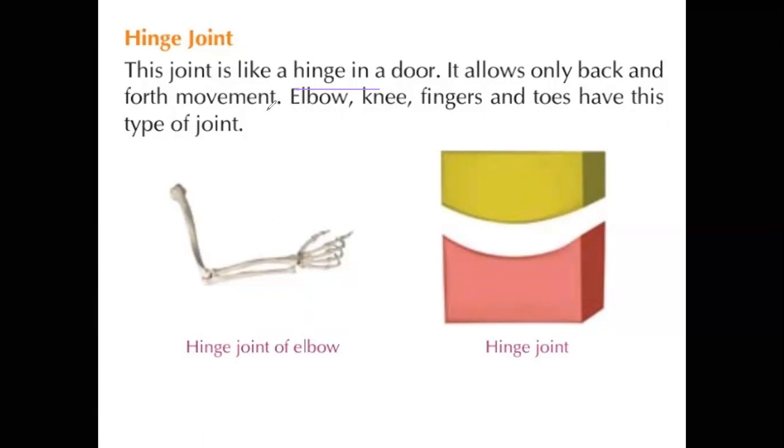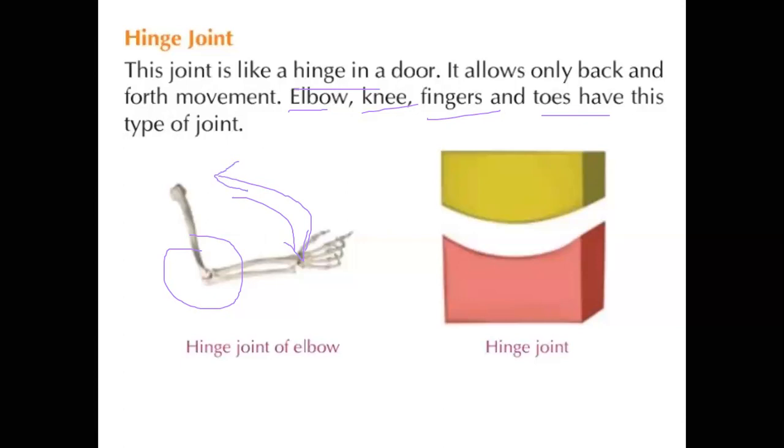Elbow, knee, fingers, and toes are examples of the hinge joint. Only one direction, see this portion, this side and backward side. That's it. This is about the hinge joint.